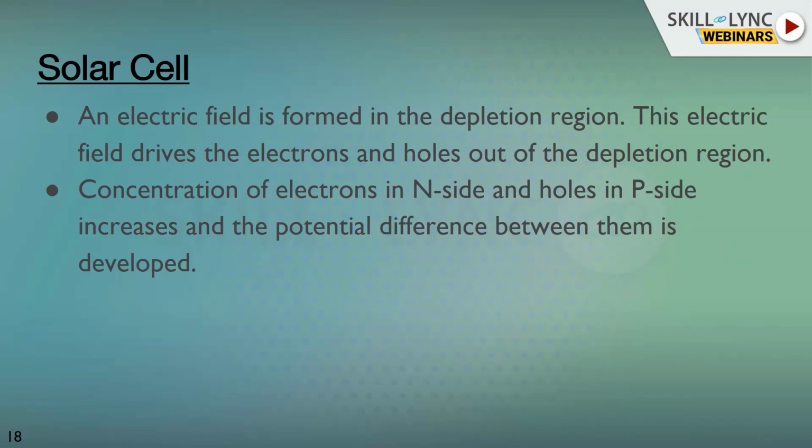When sunlight strikes the n-type and hole pairs, that is the depletion region. The electrons try to reach the p side junction, and once again a potential difference is developed.